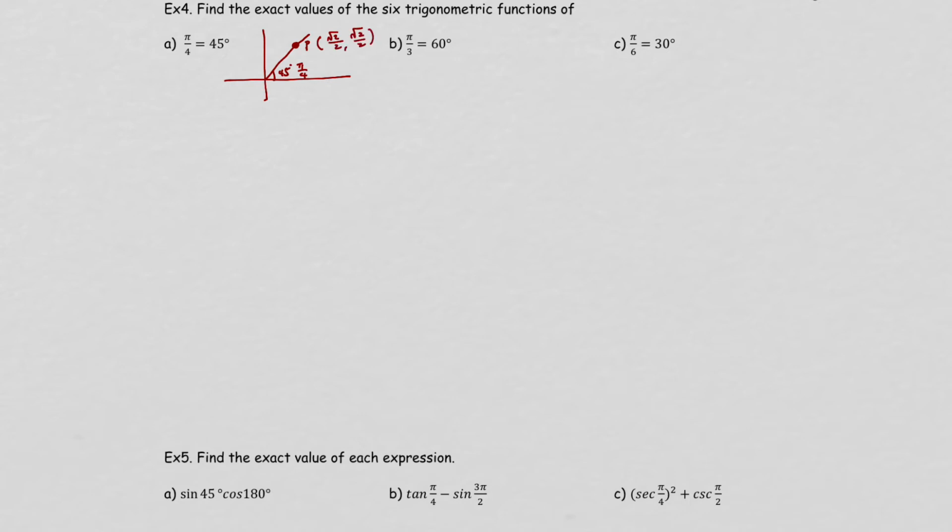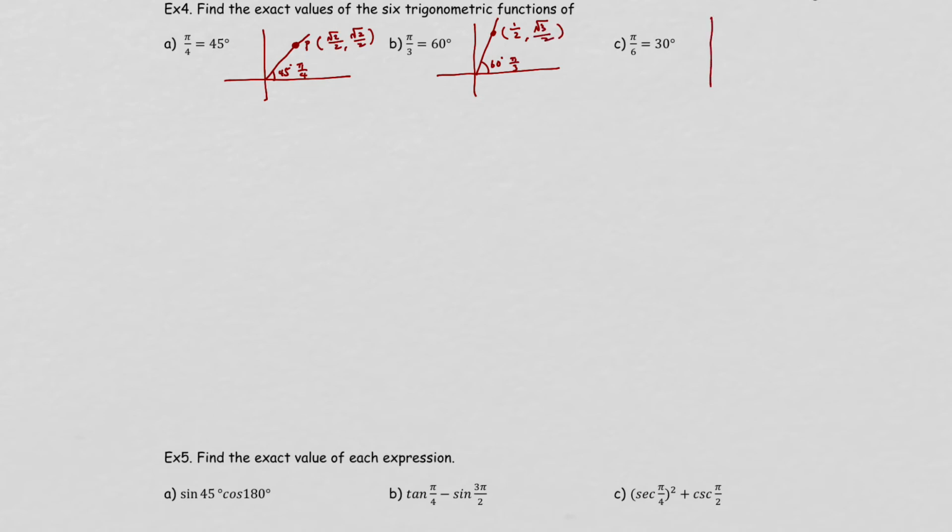And for pi over 3, which is 60 degree, again, this is important. This is 60 degree or pi over 3. This point you need to know, memorize it, which is going to be 1/2 and square root of 3 over 2.